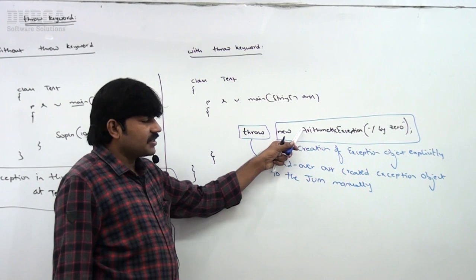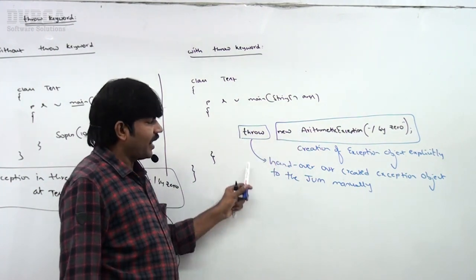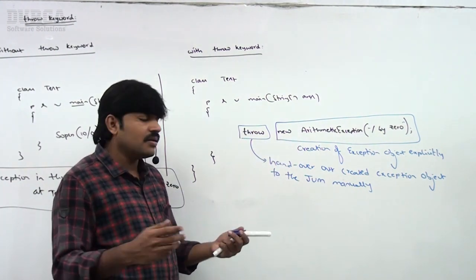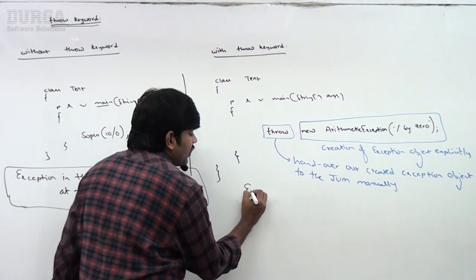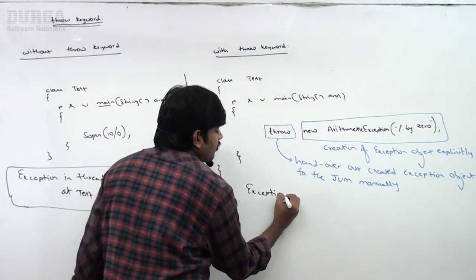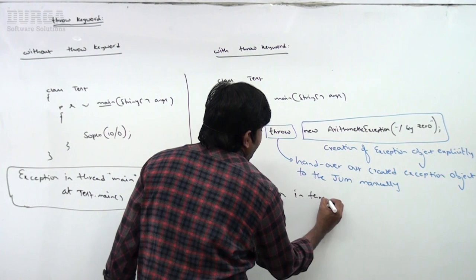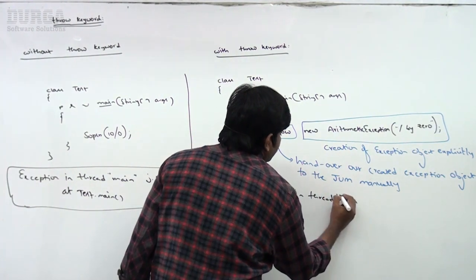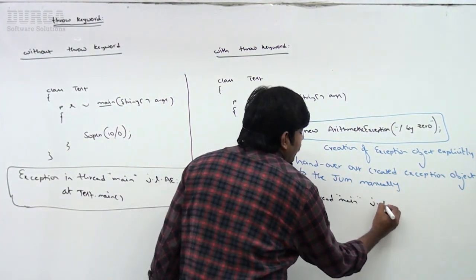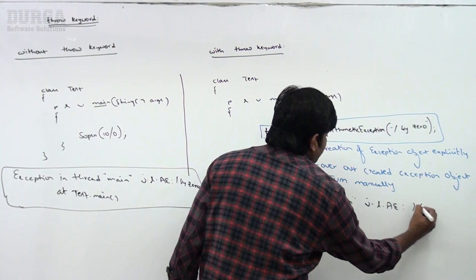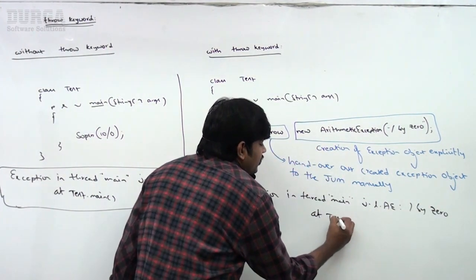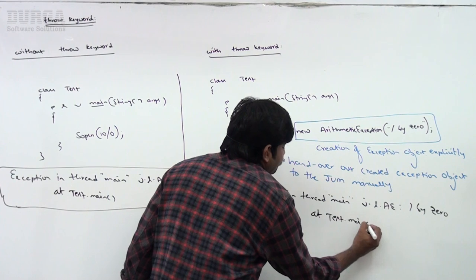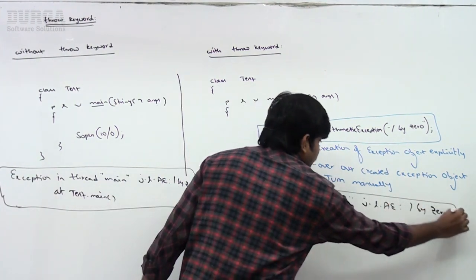ArithmeticException got raised. Do you have any handling code? Not there. Then immediately it is going to provide a runtime exception: Exception in thread main java.lang.ArithmeticException: division by 0 at Tester.main.